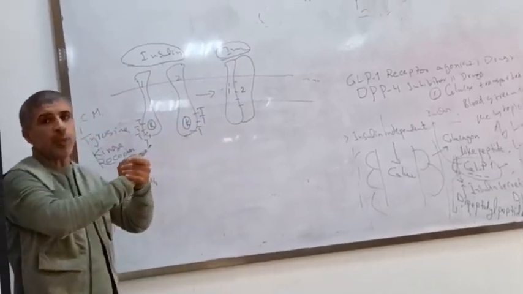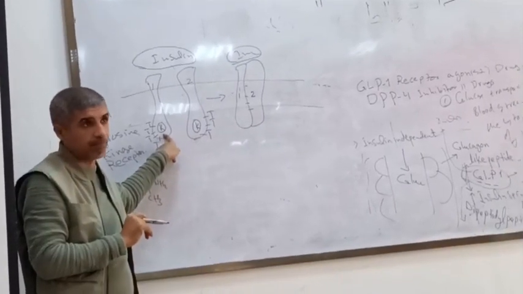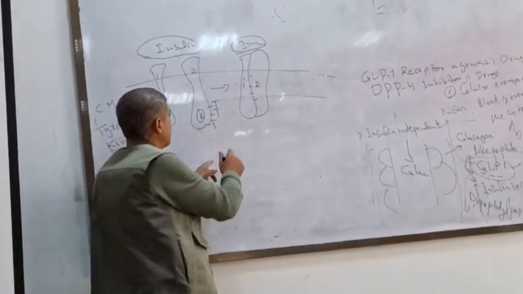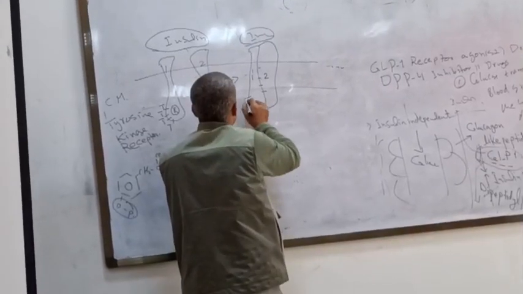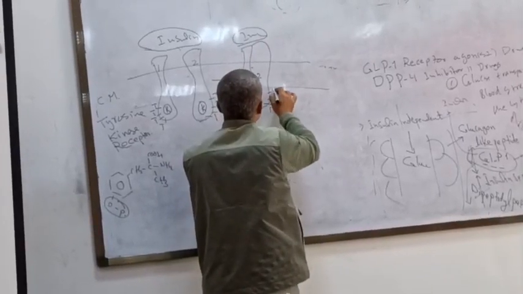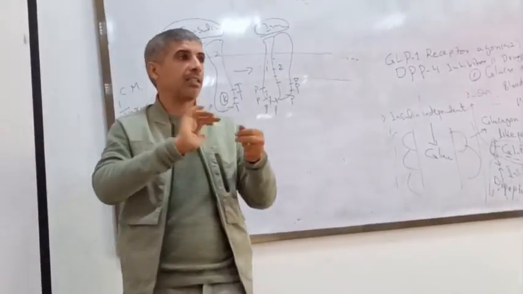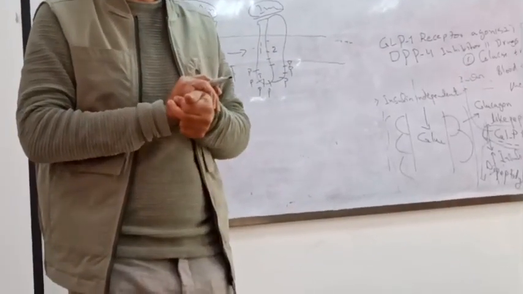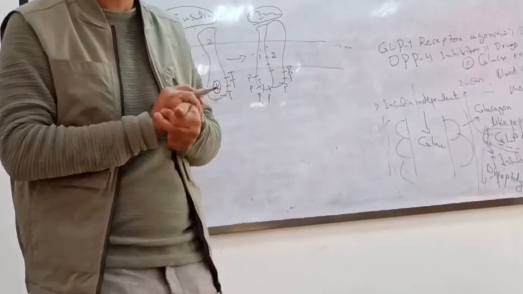When the monomers dimerize, the kinase will be activated. So the tyrosine kinase becomes active and will phosphorylate the tyrosine. So binding and dimerization lead to activation of the tyrosine kinase, phosphorylating the tyrosine in the cytoplasmic part of the receptor.